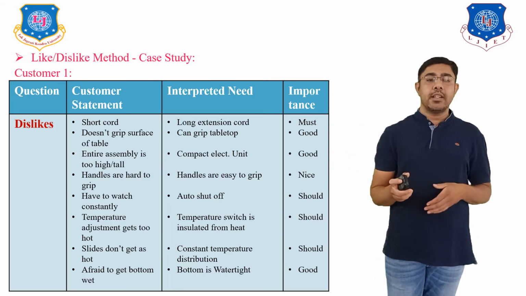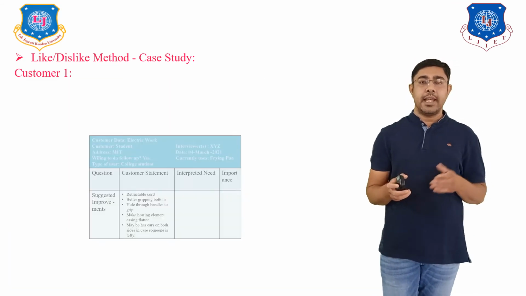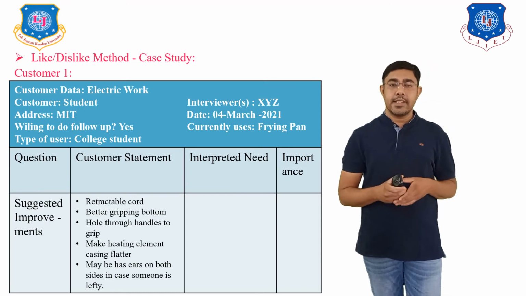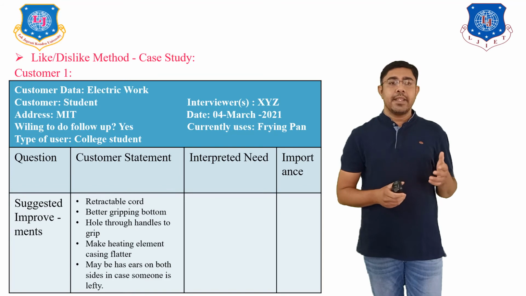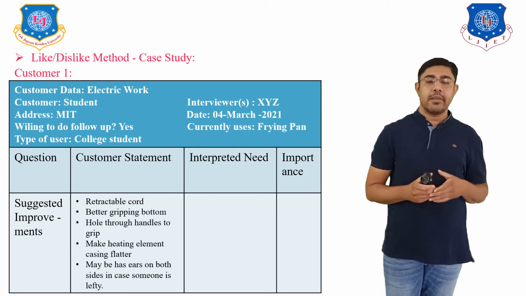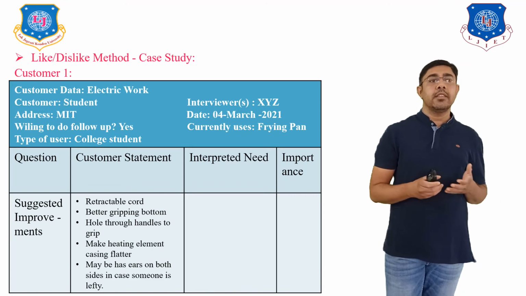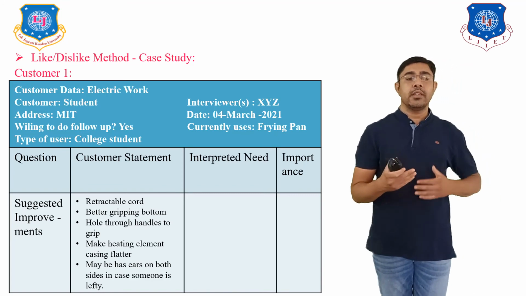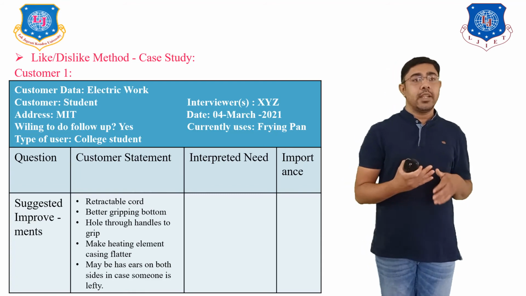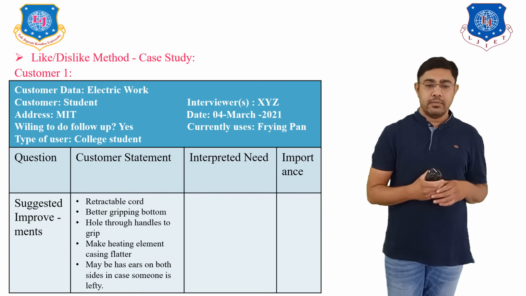So next in the like-dislike method is the question of suggested improvement. The last question in the like-dislike form is the suggested improvement. During the interviews, whatever customers state against the suggested improvement has to be mentioned in the second column.